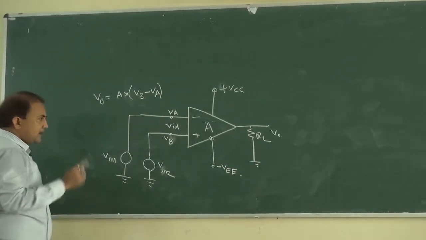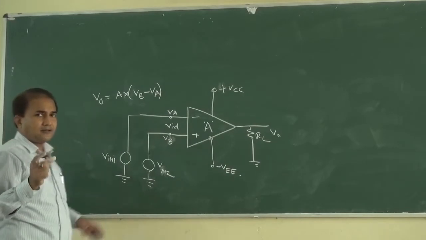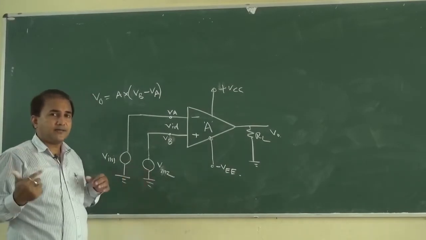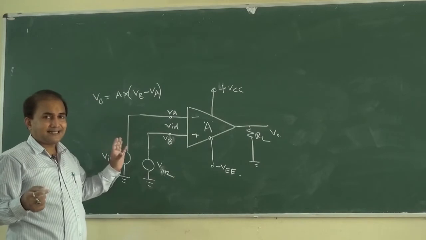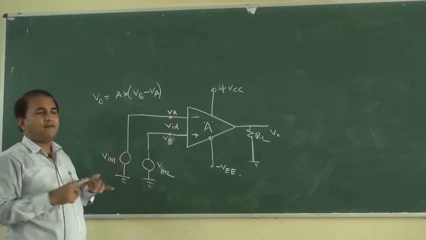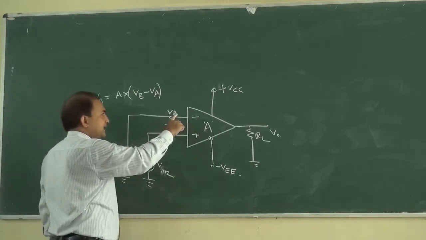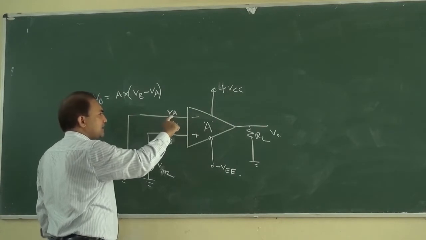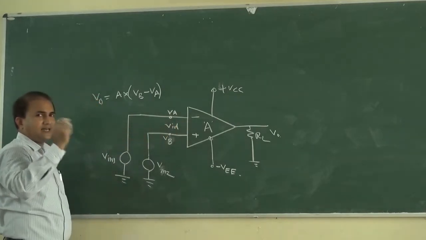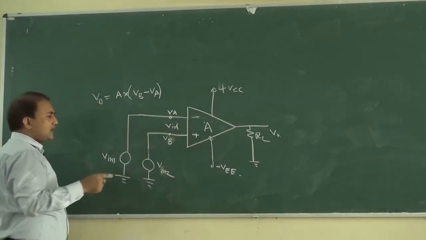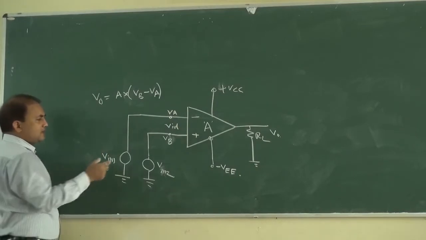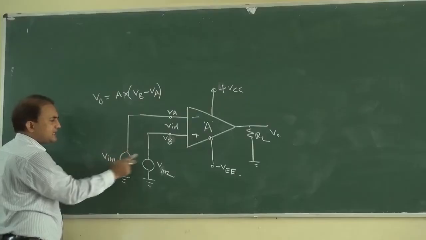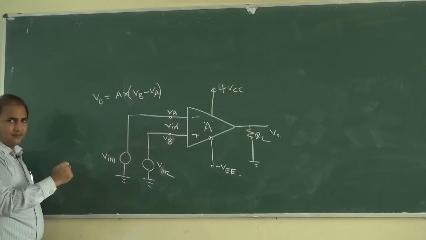Now we have seen the ideal characteristics of an operational amplifier. The input resistance is infinite, and practically also the input resistance of an operational amplifier is very high. So under that situation, we can neglect the internal resistance of the voltage source.